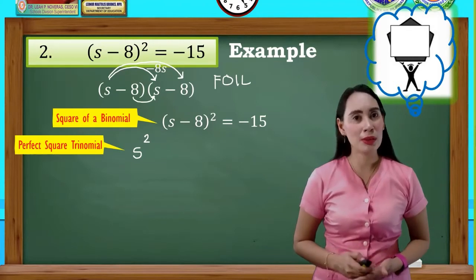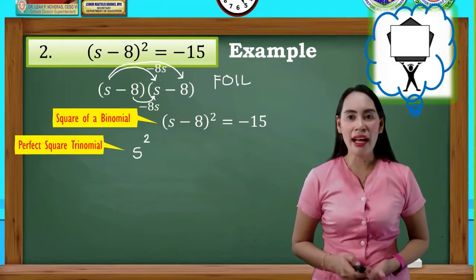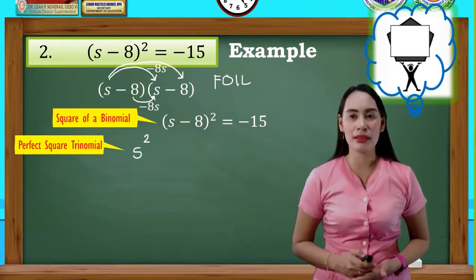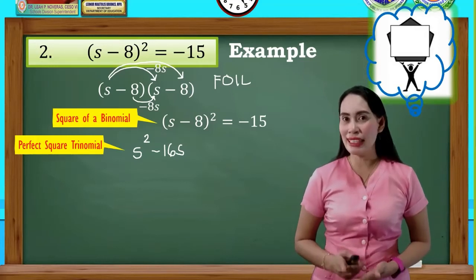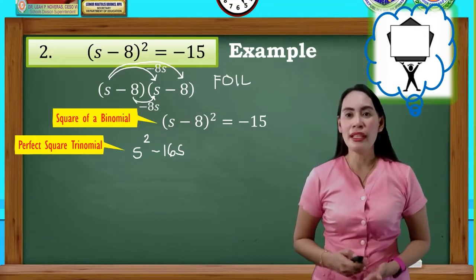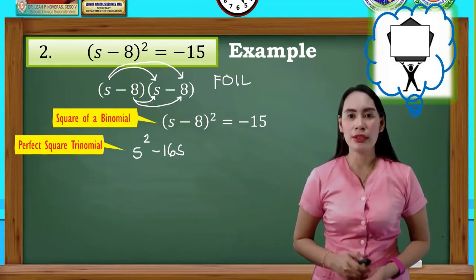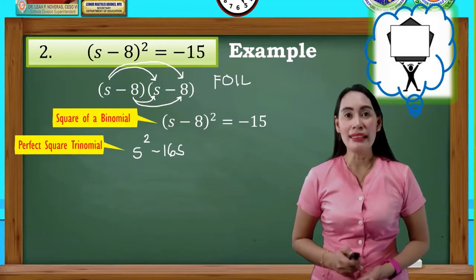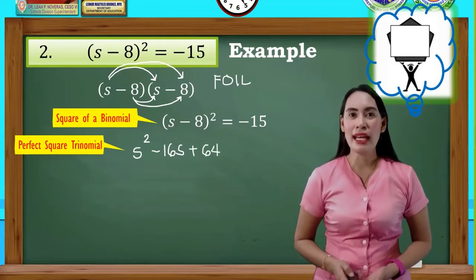So that is equal to negative 8s. Then, add the two results. So that is equal to negative 16s. Lastly, multiply the last terms of the two factors. So that is equal to 64. Then, equals negative 15.